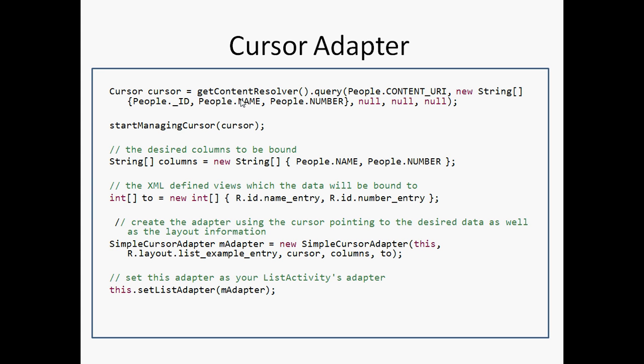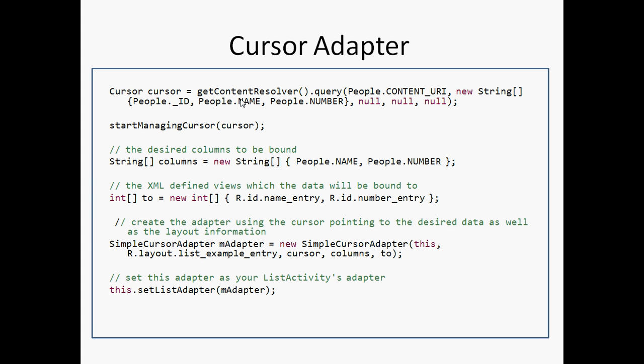The third parameter is the cursor object itself. In the fourth parameter, we specify which columns we want to show on the list view. Apart from the complete result set columns, we are only interested in two columns to be shown on the list.